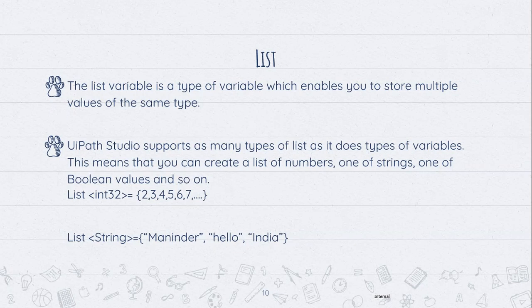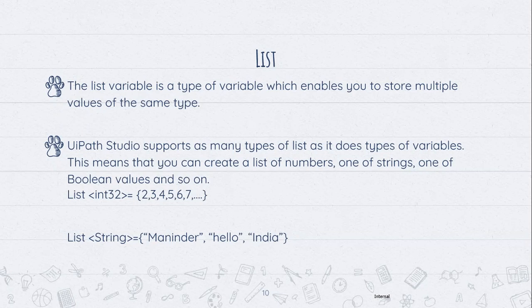That means in this list I have numbers only. But if you see the next list, you have List of String. That means you have defined that my list is of string type, and then you can have names over here, Maninder, Hello, India, and these. So you have to have a specific type of data.